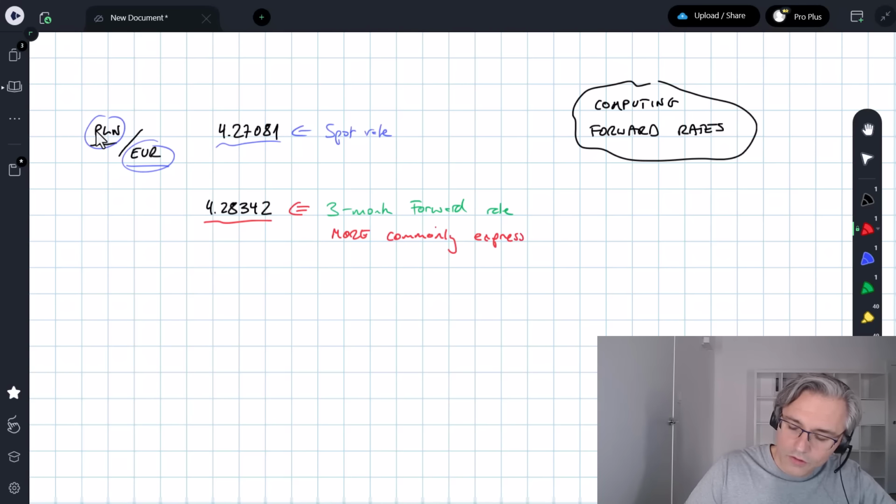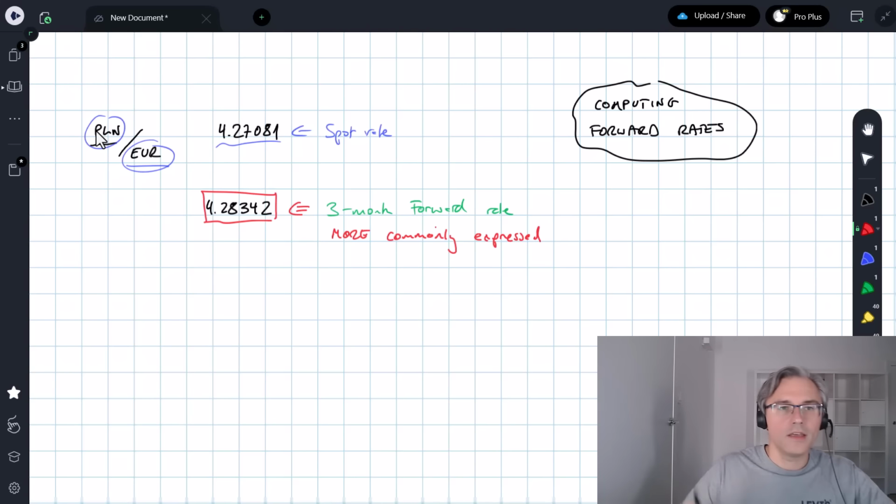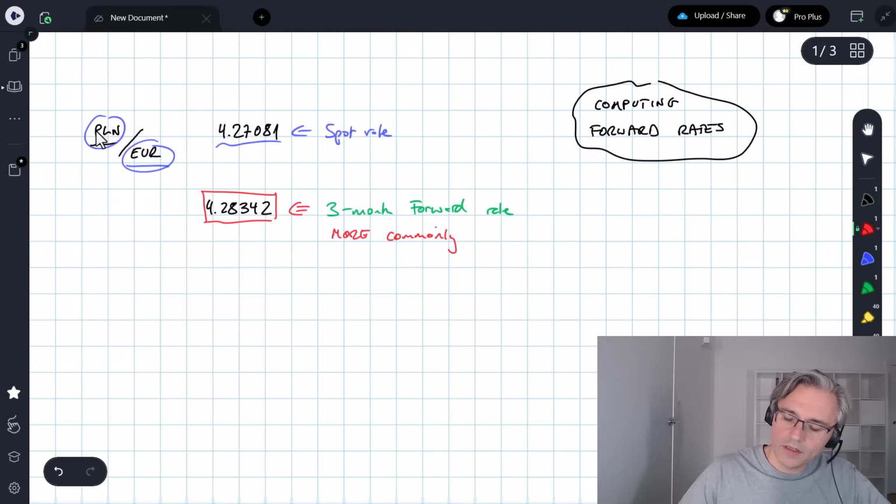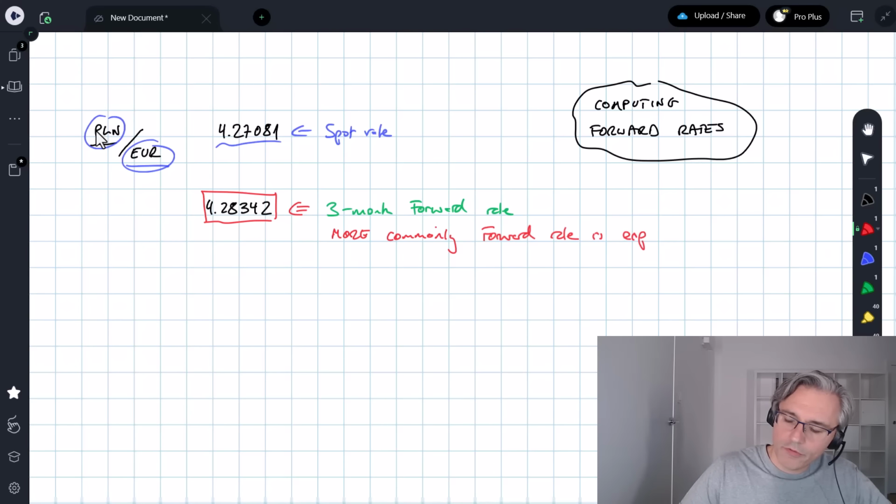If you agree with the dealer today for settlement 3 months away from now, the exchange rate you can lock in, the forward rate, is 4.28342. That's one way of expressing it, but more commonly this forward rate is going to be quoted in terms of points or pips.